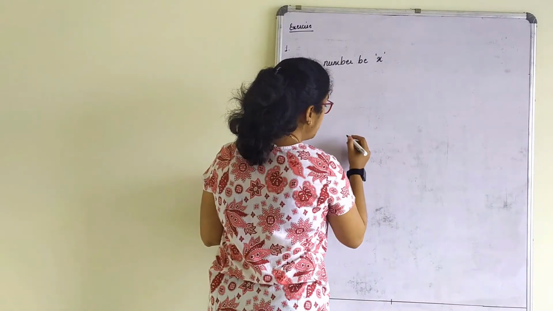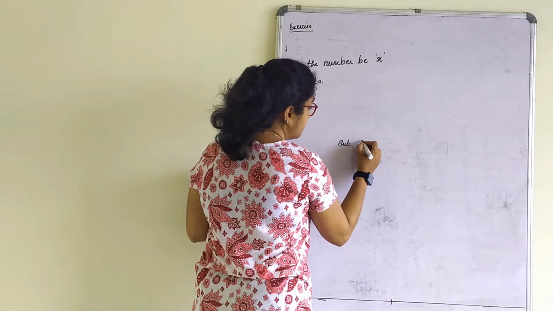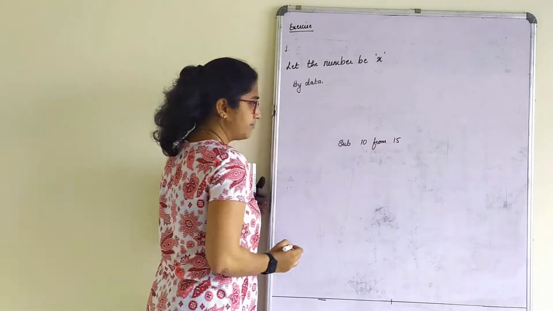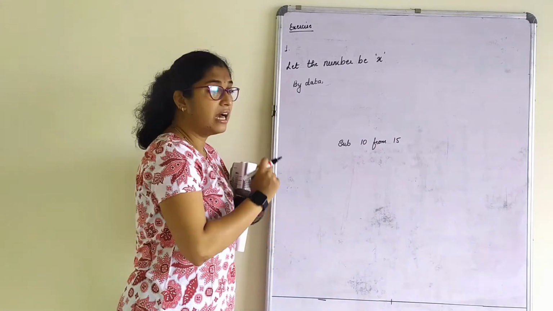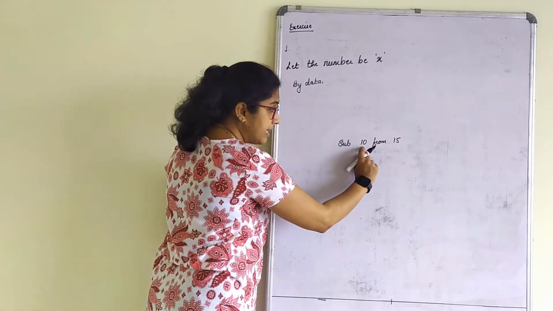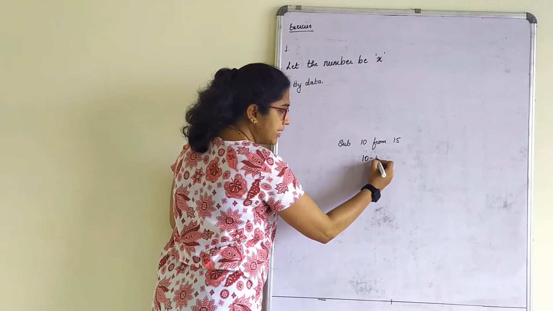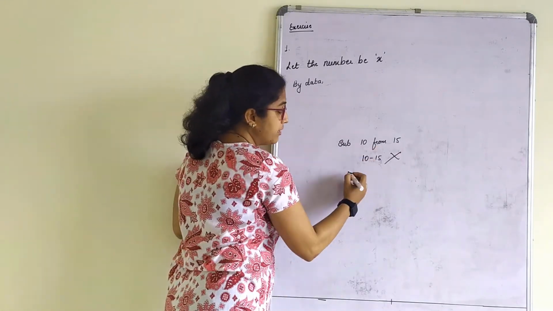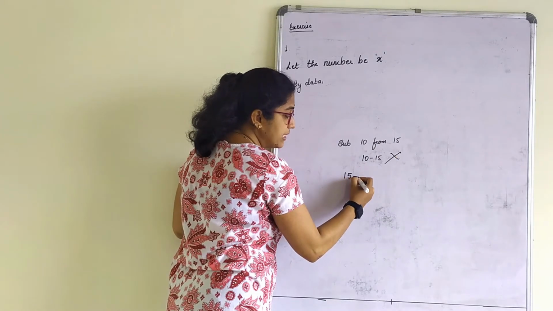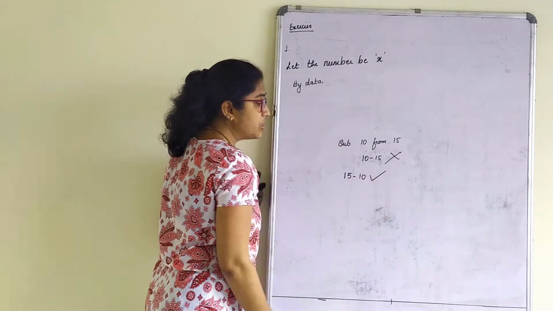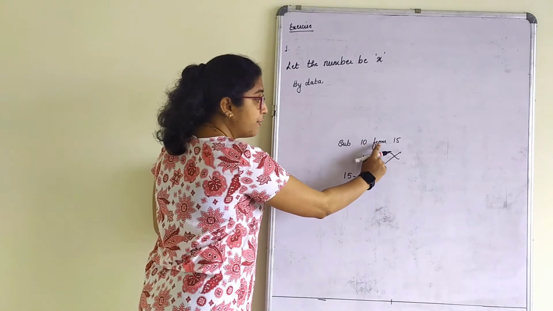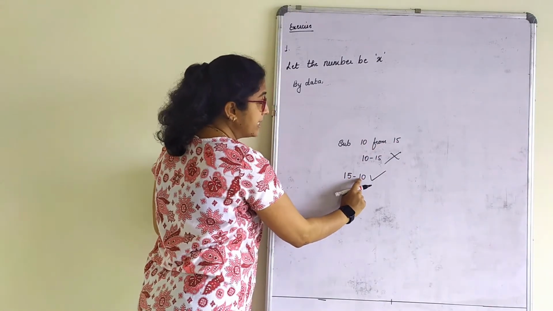Suppose I give you subtract 10 from 15, you have done this in lower classes. How do you write this? Do you write 10 minus 15? No, it is wrong. From 15, it is 15 minus 10, which is correct. Please remember this. Subtract 10 from 15 is 15 minus 10.